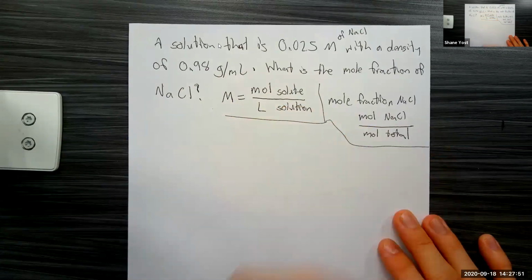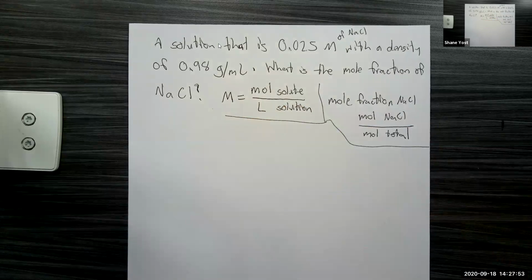So these are the different concentration units that I need to know, and this is why it's useful to know what they are. If I don't know what they are, I don't know how to convert between them. The nice thing is I already know the moles of my solute.